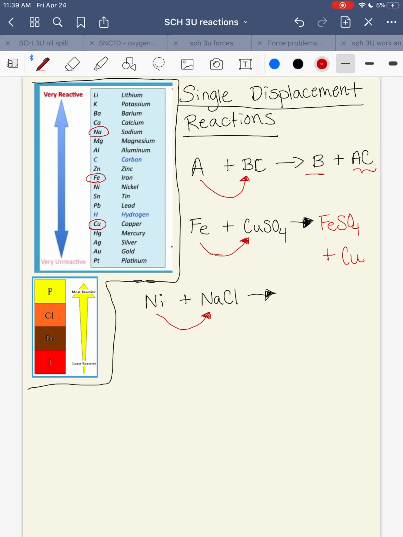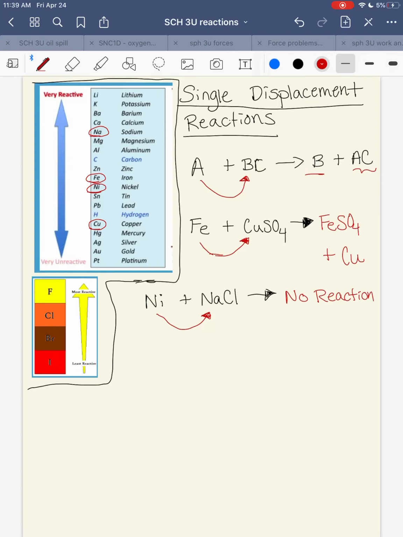I have sodium up here, and I've got nickel down here. Since nickel is lower than sodium, nickel is not going to be able to replace the sodium. The sodium is more reactive than the nickel, and so the nickel is not going to be able to replace it. So we're going to have no reaction. This reaction will not actually occur.